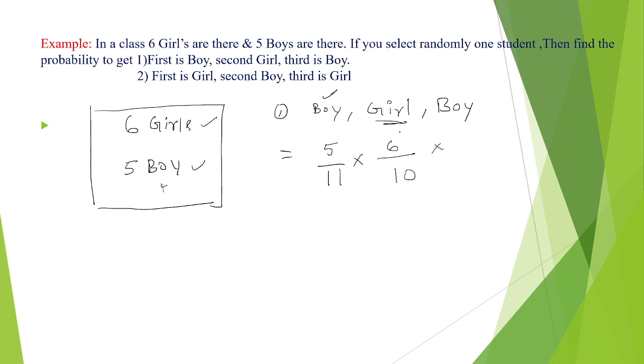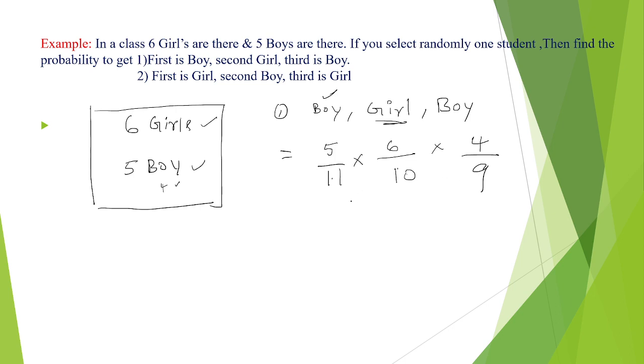Again a boy: the remaining boys are 4 only, divided by the total outcomes. One boy and one girl are left, so two are gone and the remaining are only 9.